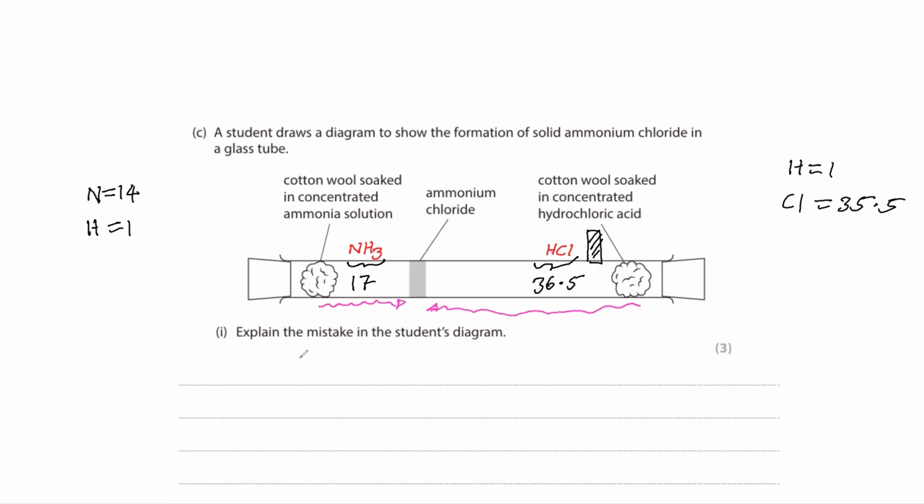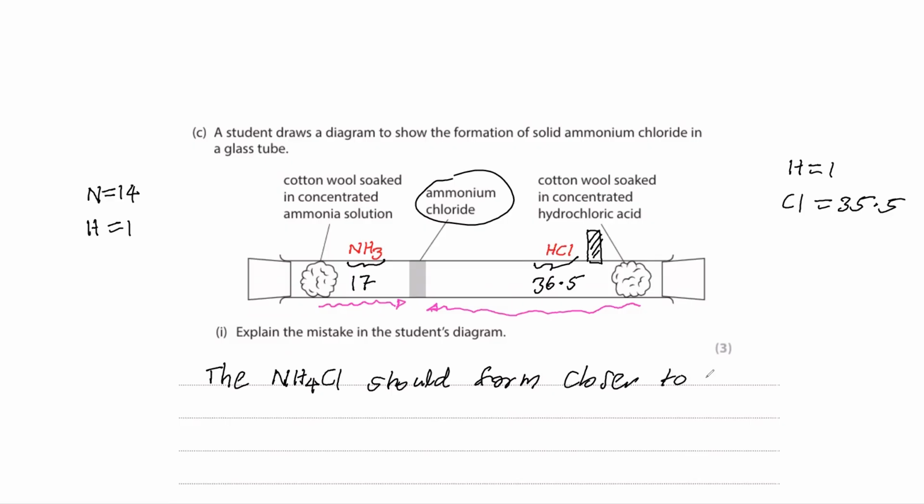Explain the mistake in the student's diagram. The mistake he has made is, the ammonium chloride, you can write the word, or if you know the formula, you can write it. I'm just using ammonium chloride, should form closer to the HCl soaked cotton wool.